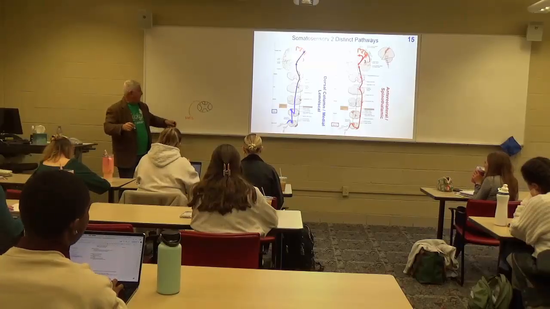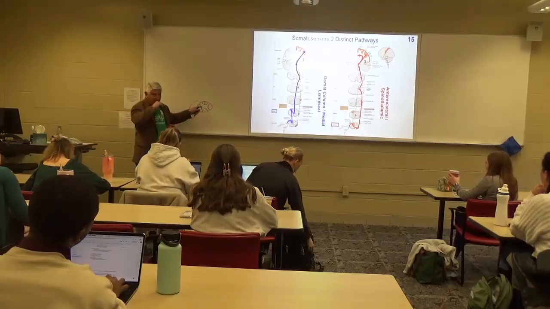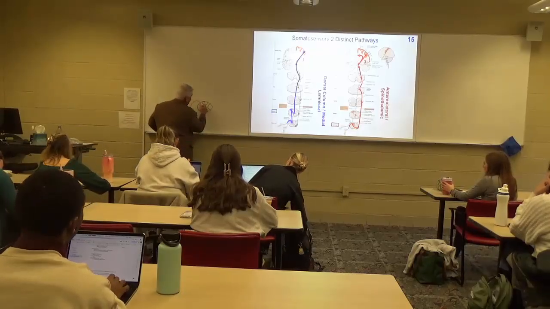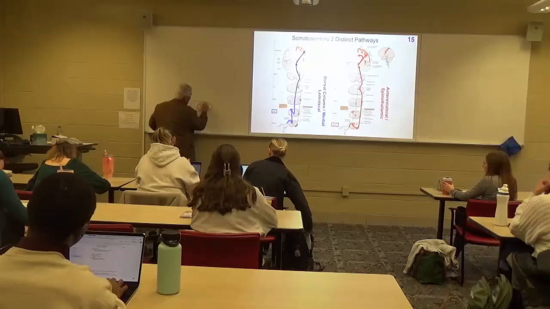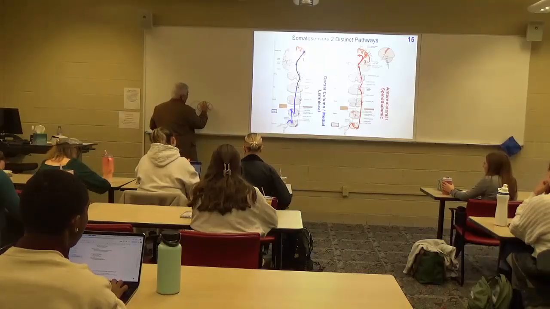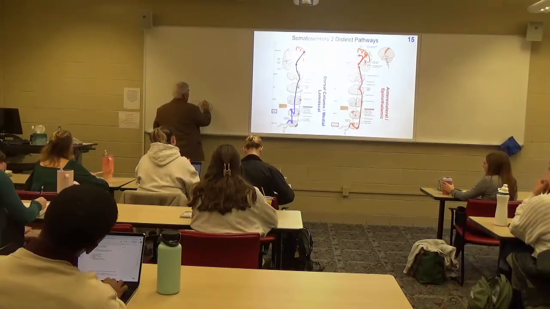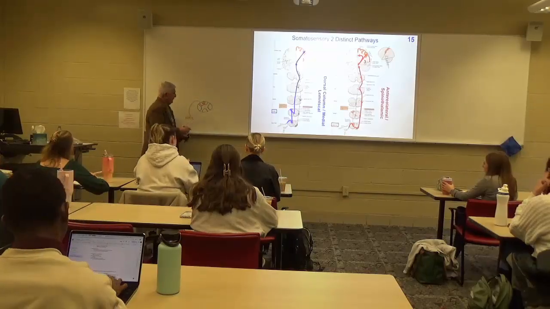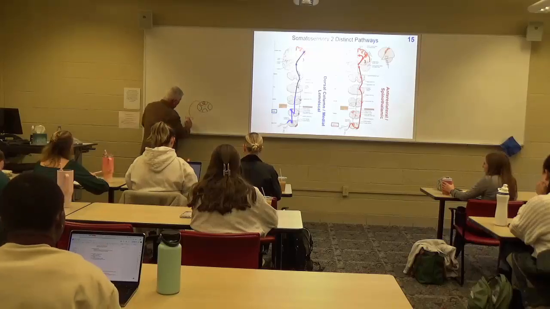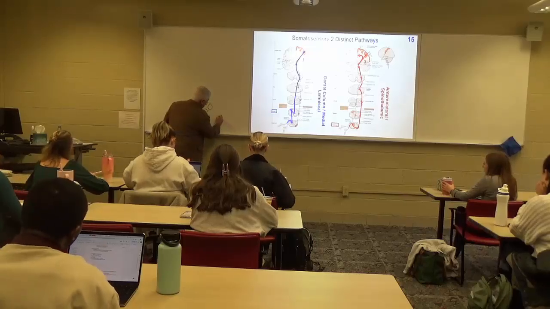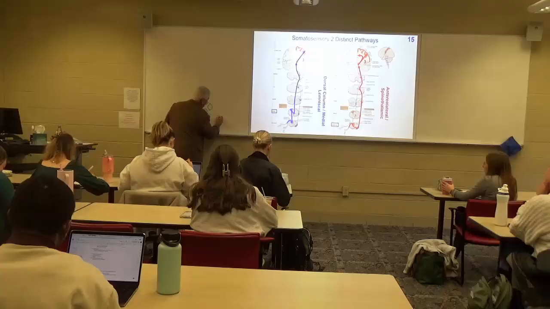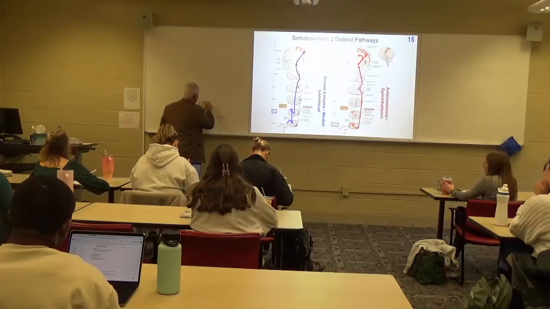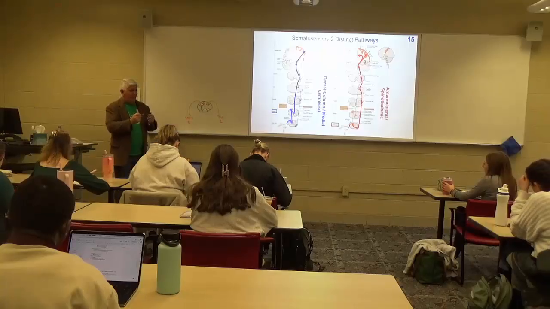So when your big toe neuron comes in, it's going to form a synapse, and then that neuron is going to go into the dorsal column and go up to the brain. And this would be from your right side, you have your left toe over here, coming in this side, and going up there, right?